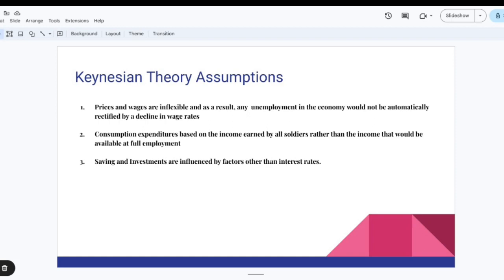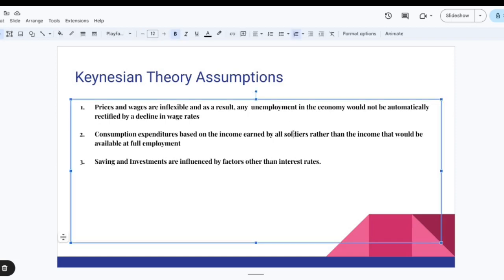It also assumes that consumption expenditure is based on the income earned by all households, rather than the income that would be available at full employment.